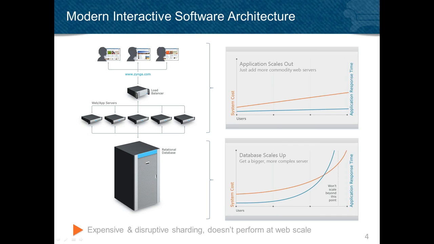And additionally, the more load and the more users you put on that relational database, the worse and worse the performance gets, until at some point you've bought the most expensive system either available or that you can afford, and your performance will continue to degrade.